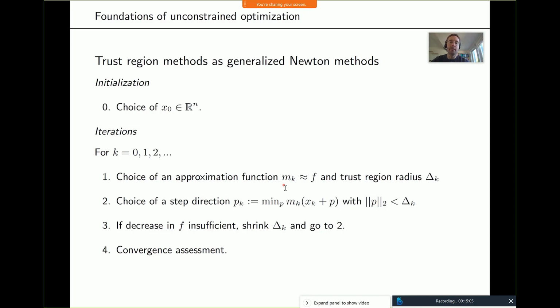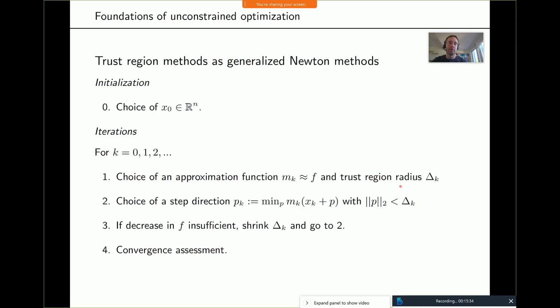And then you minimize this approximation function mk within some domain where you think this approximation is reasonable. As you know, Taylor approximations are only reasonable fairly close to the expansion point, so they are good local approximations because locally everything is linear anyway, but they are bad global approximations.